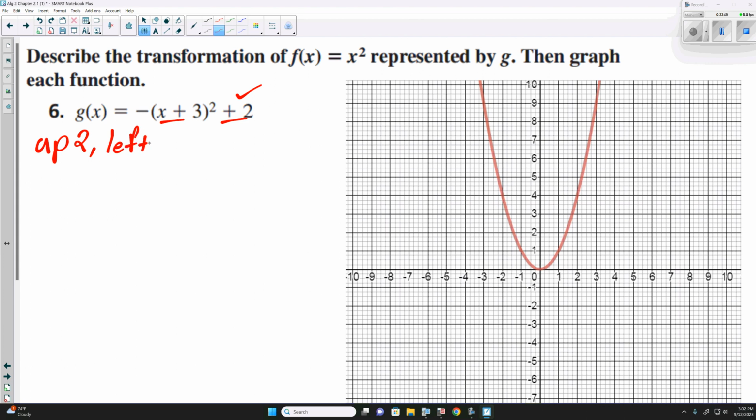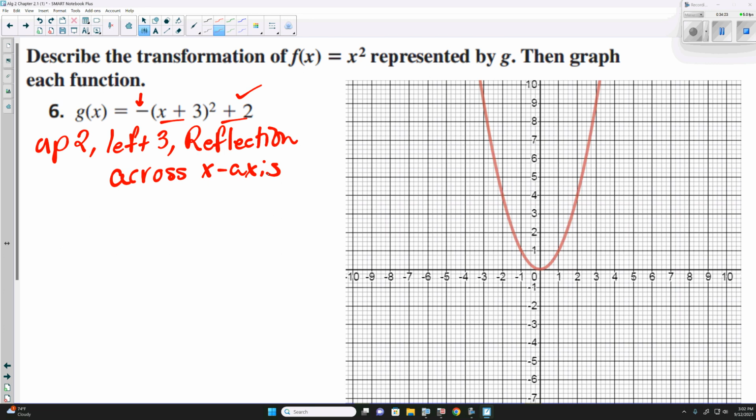Yes. And then reflection. Right, so the plus 3, opposite of what we think, so left 3. The negative, again, in front of the parentheses or in front of x is purely reflection. Since it's outside the parentheses, it's across the x-axis. If it's inside the parentheses in front of x, it's across the y-axis.